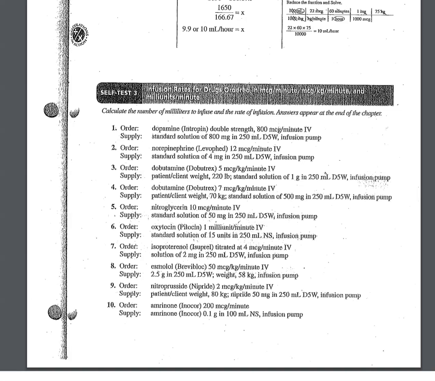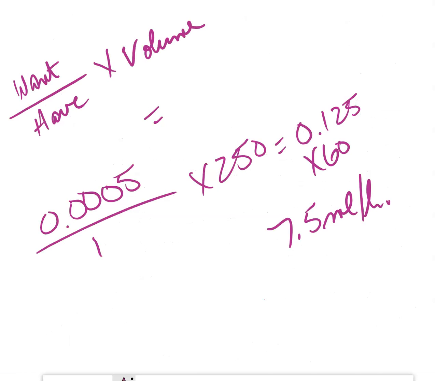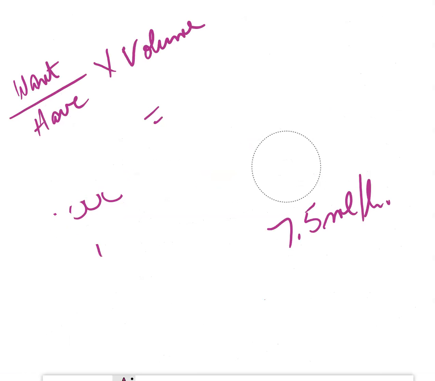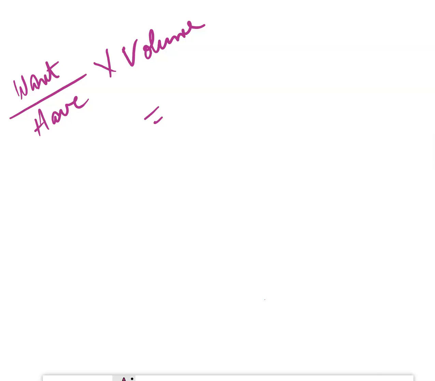All right, and I also did number 4. It's 7 mics per kilogram per minute. They told you the patient weighs 70 kilograms. What they sent you was 500 milligrams and 250 mLs of D5W. So for number 4, same concept. I did 7 mics times 70 times 60.